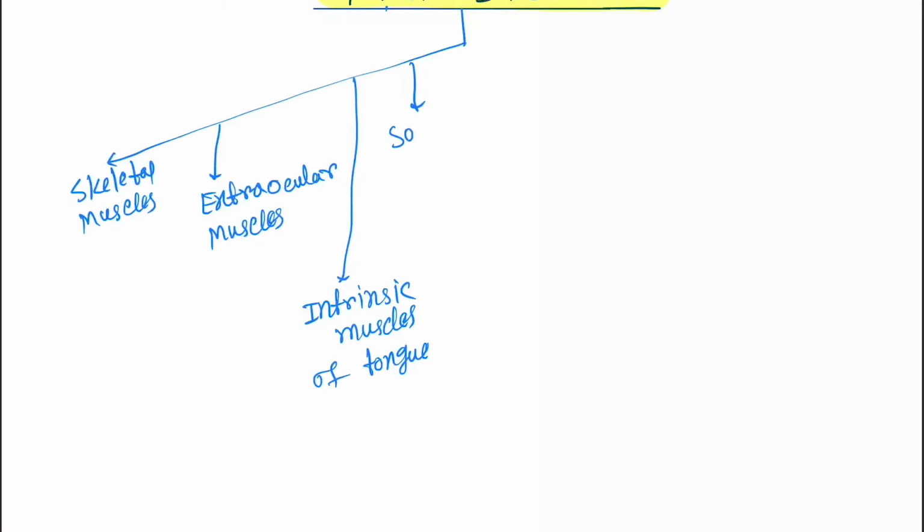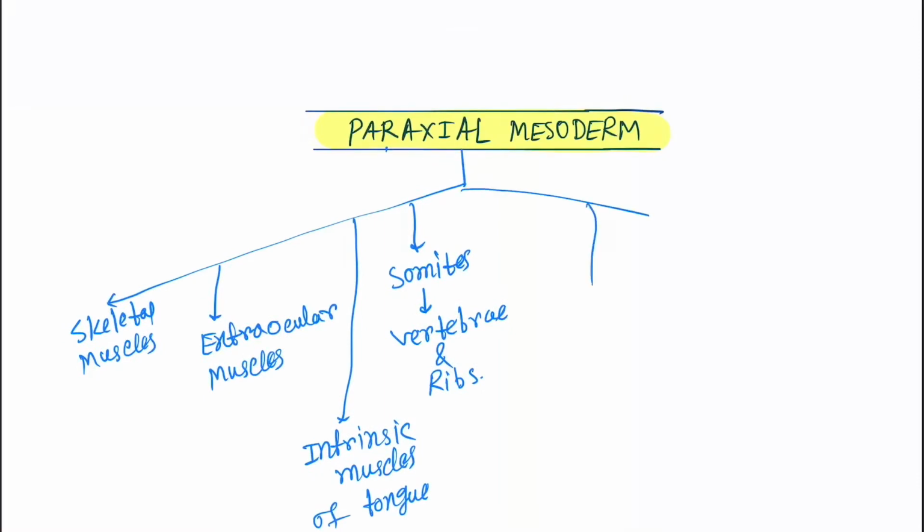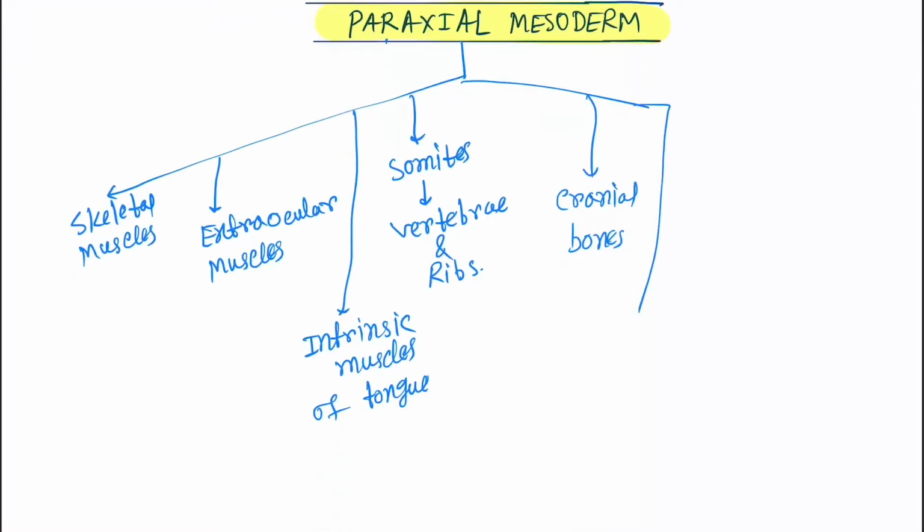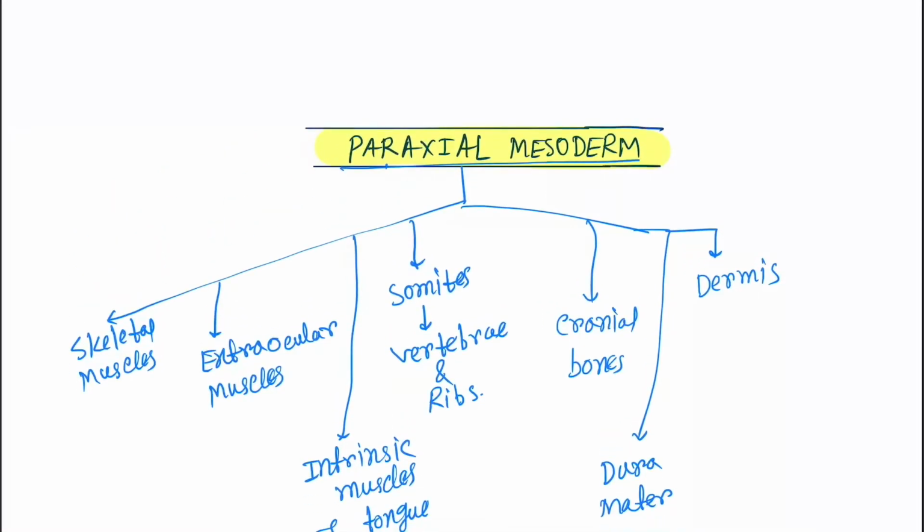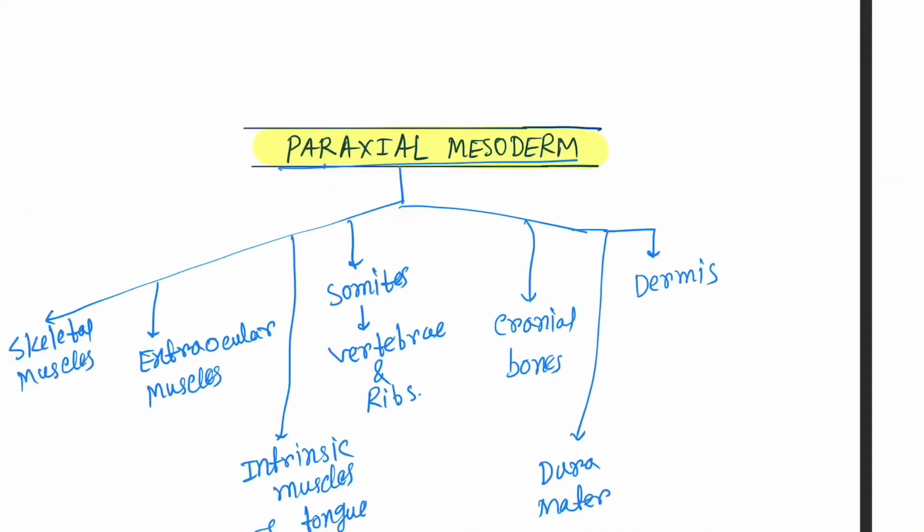Okay, next somites, vertebra, and ribs. Okay, next it forms cranial bones, dura mater, and dermis. So this is the paraxial mesoderm of the mesoderm.